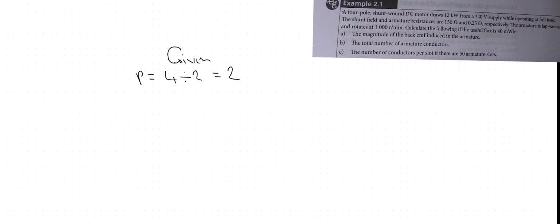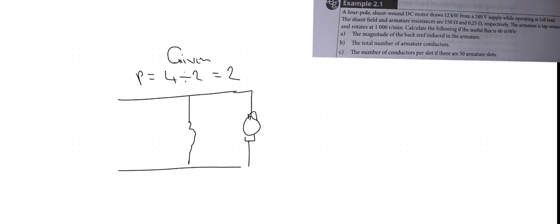They're saying it's a shunt motor, so I would advise you to draw the shunt motor. It has a power of 12 kilowatts and a voltage of 240 volts supply, while operating at full load, the shunt field and the armature resistance is 150.